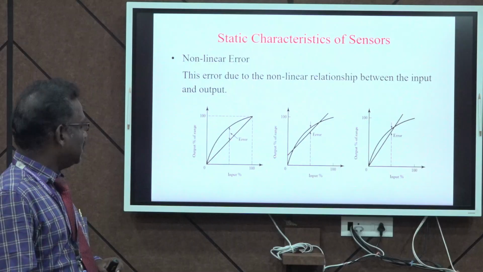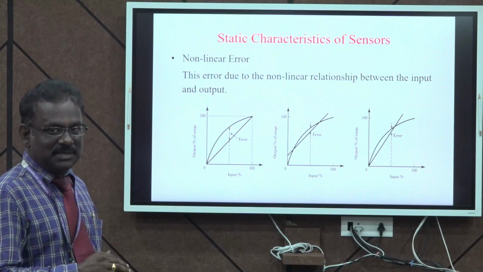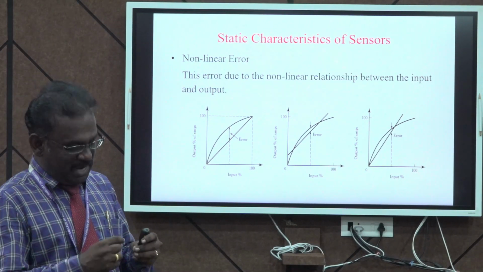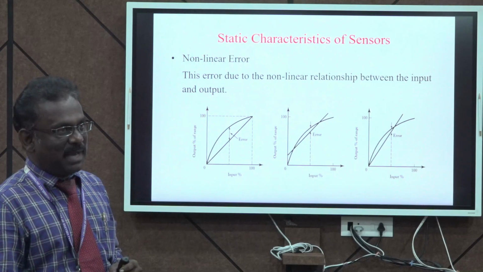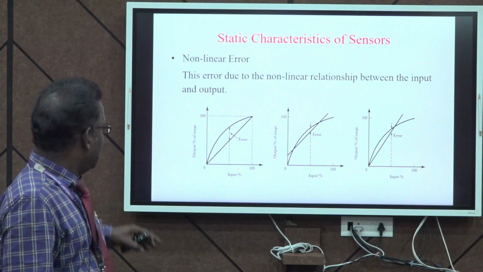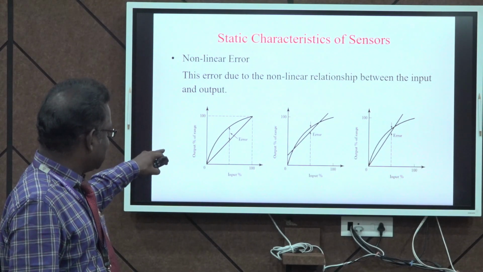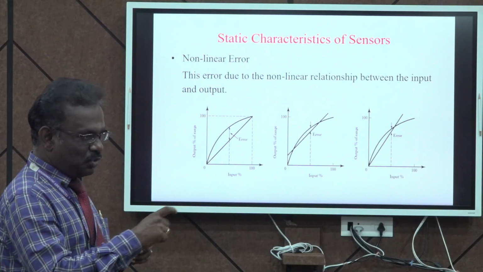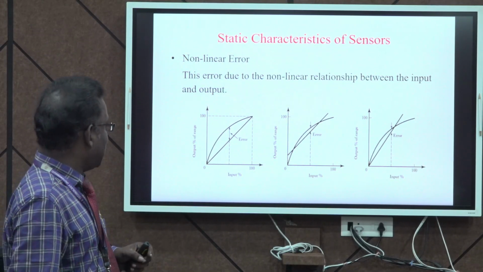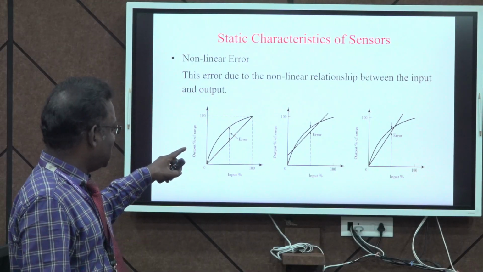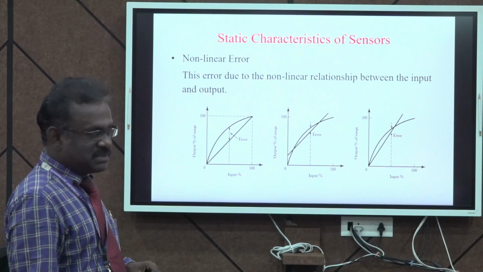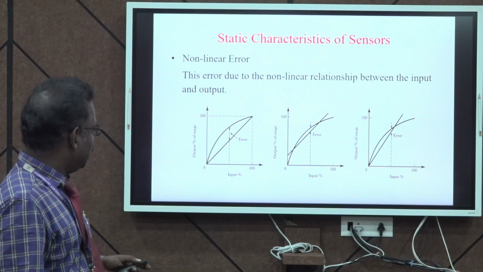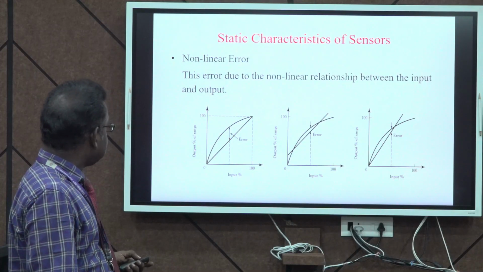It is based on how we are plotting the straight line which connects the minimum value of the input and the maximum value of the input. The straight line was plotted in the first method by connecting the 2 points, minimum value as well as maximum value, whereas the second one is fit using the best fit curve technique.